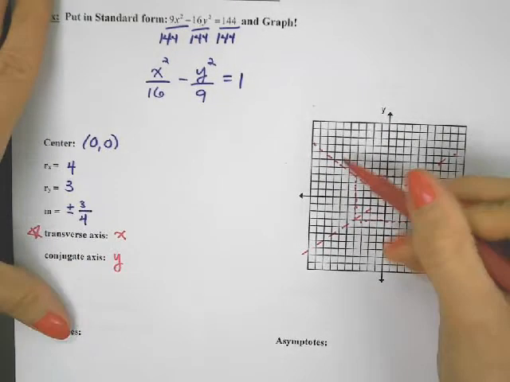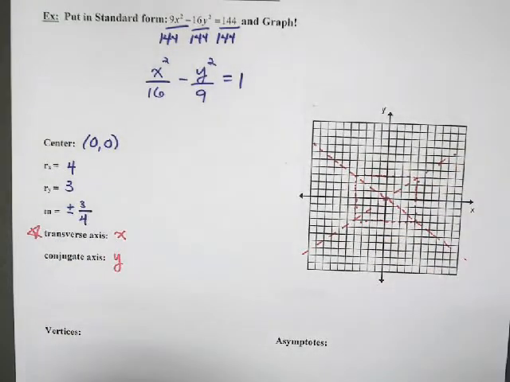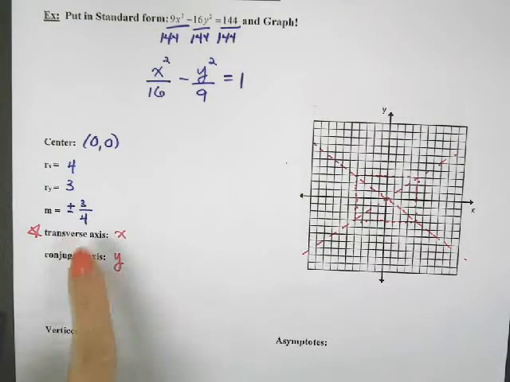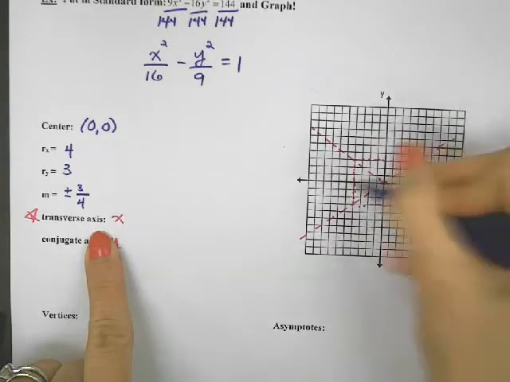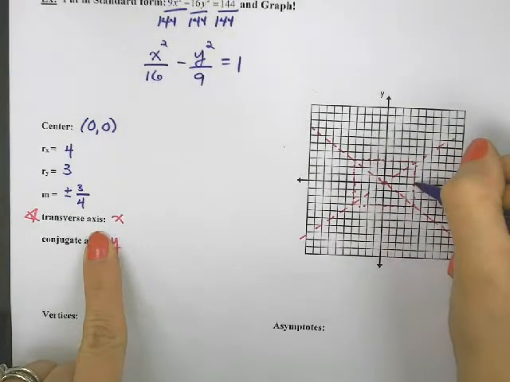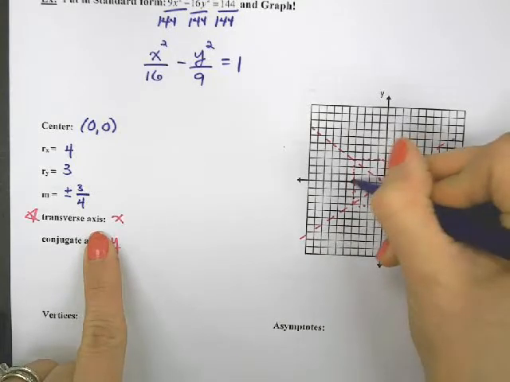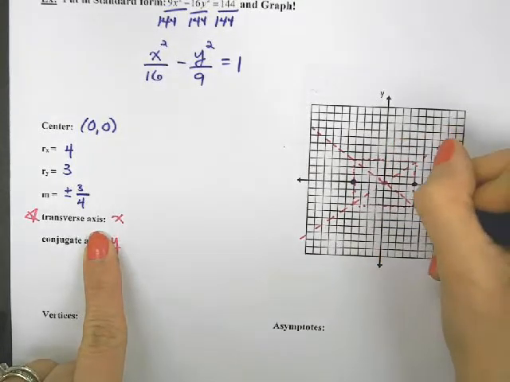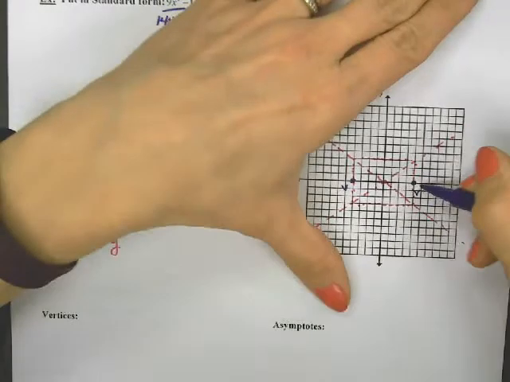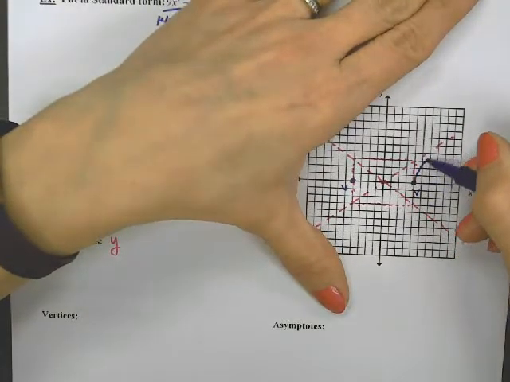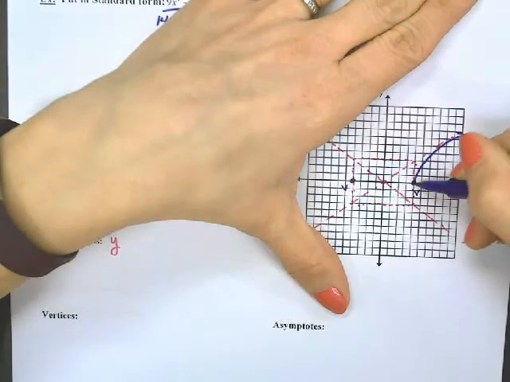That helps us draw the shape of the hyperbola the best way. I think I'm going to draw the hyperbola now. The transverse is x, so the hyperbola is going to be going left and right. So you go to the edge of the rectangle, and that is the vertex. I'm just going to put a little v there for vertex. And since the transverse is x, I'm going to approach this asymptote going left and right.